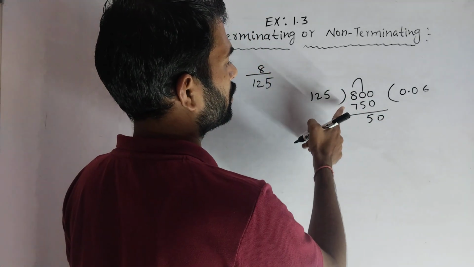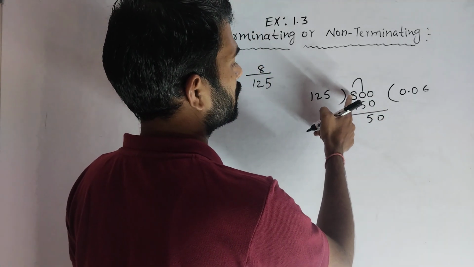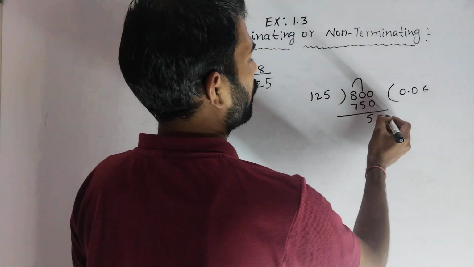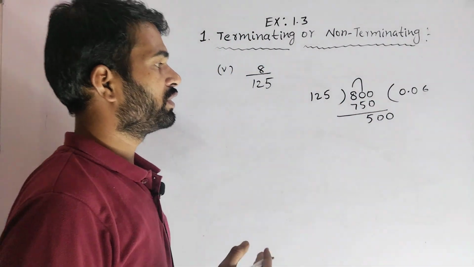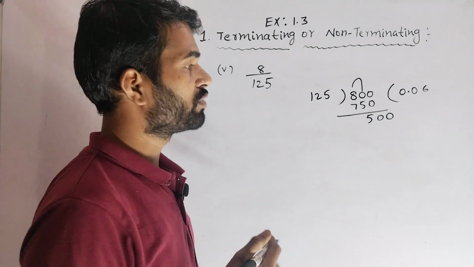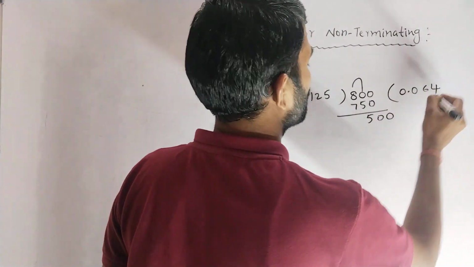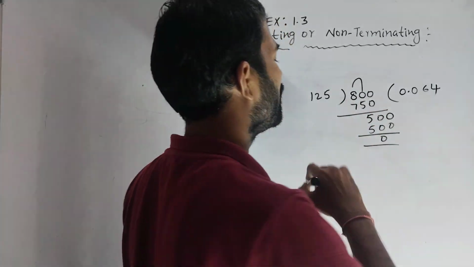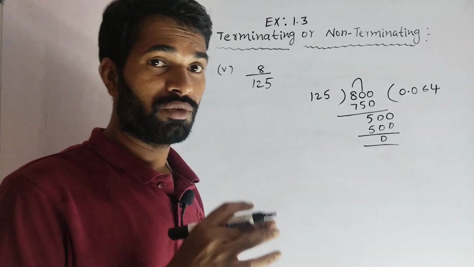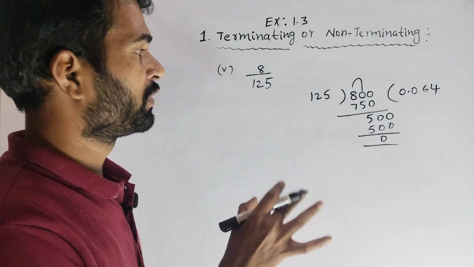Next, 7 minus 7 is 0. I am taking one more 0. 125 2 times 250, 4 times 500. I got a remainder of 0. When the remainder is 0, we can stop.